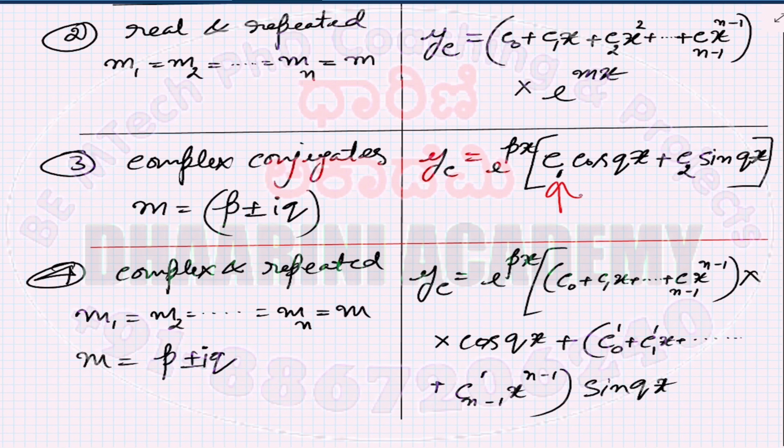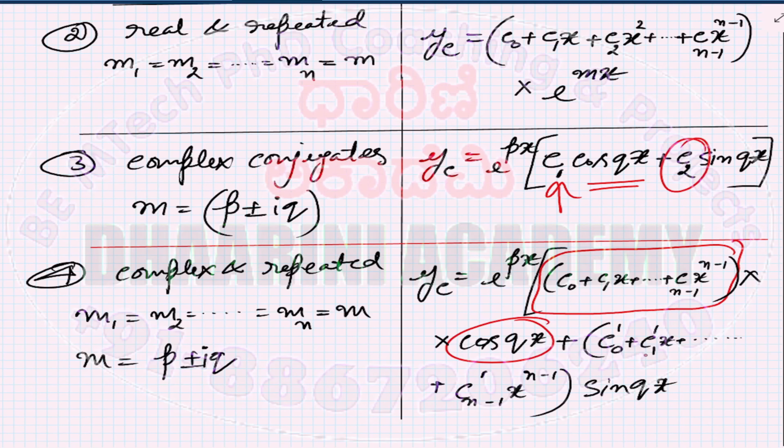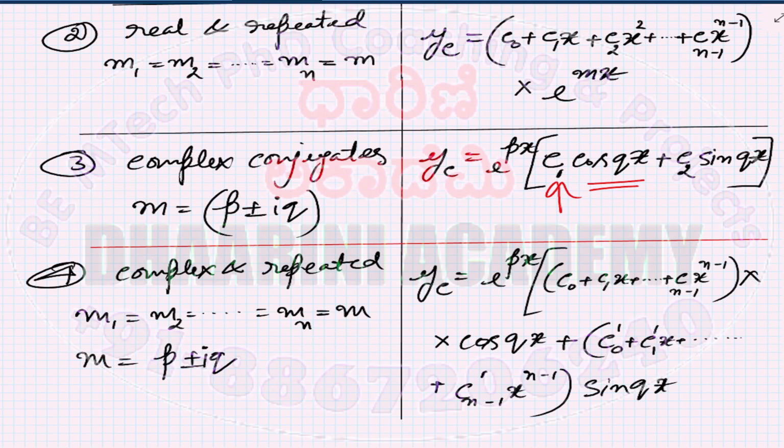This was just c1 into cos, but the c1 is replaced by this whole thing now because the root is repeated. Similarly, the c2 which I had earlier, I'm going to replace with one more set like this into sine. So using this technique, we can get the yc. yc can be directly obtained by simply referring to this table. That's all.